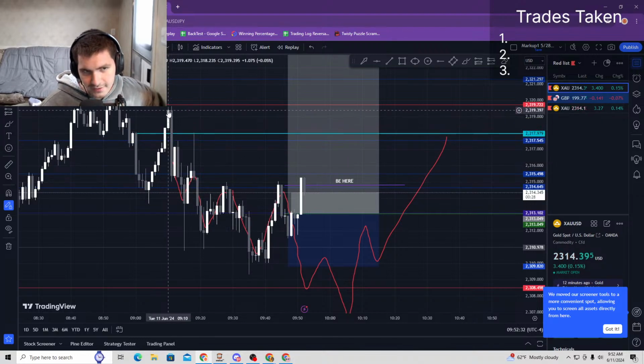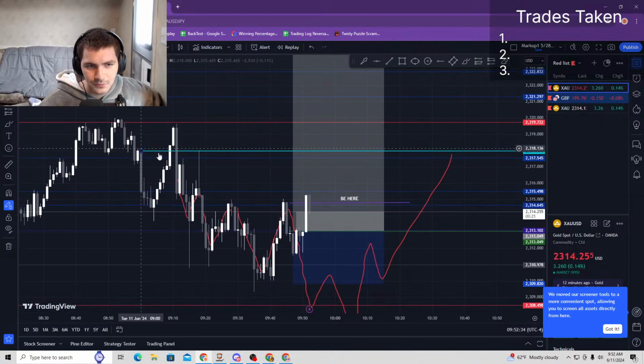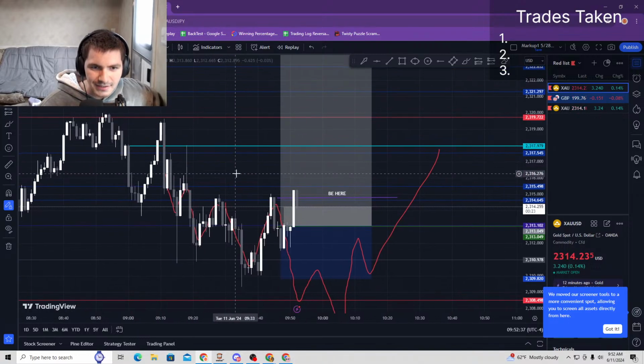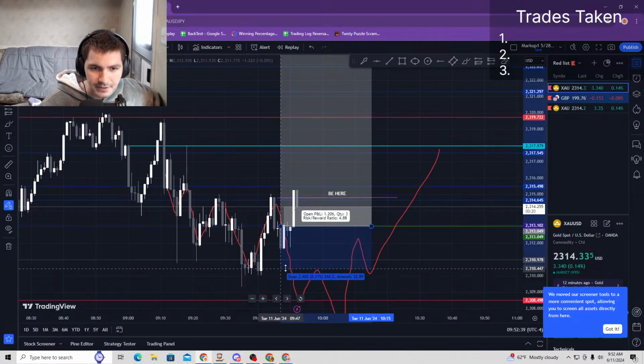I didn't realize, but we actually, I kind of knew, but we did have a top wick, but it wasn't enough for me not to want to take this trade. But either way, stop loss is now right here.